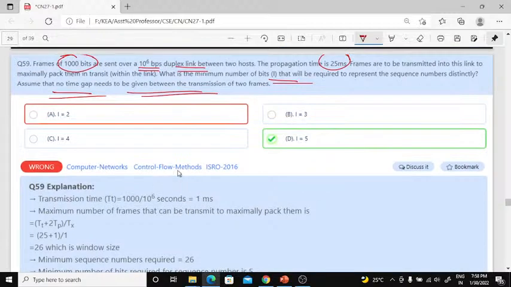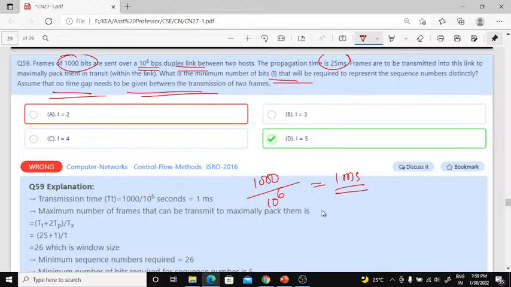So here the frames are 1000 bits, sent over a 10 raised to 6 bits per second duplex link between the two hosts. So 1000 bits over 10 raised to 6 bits per second is 1 millisecond.